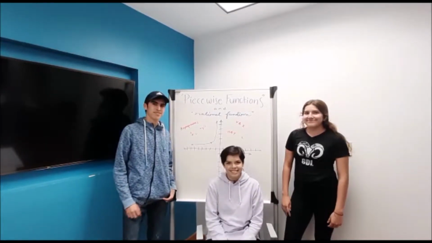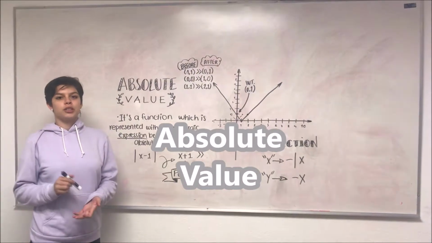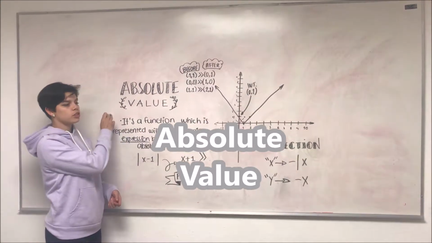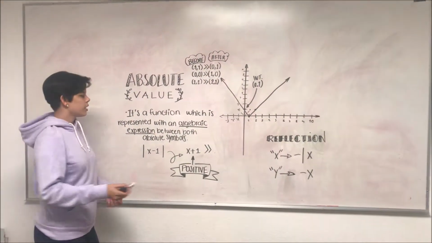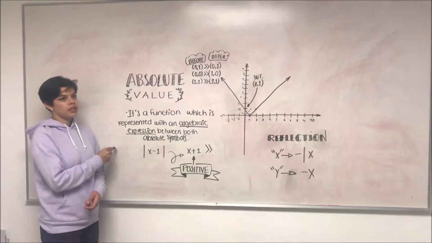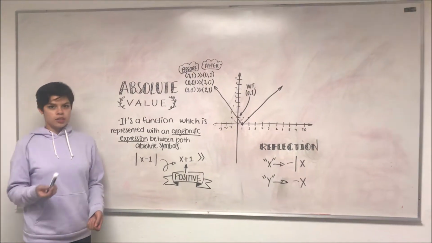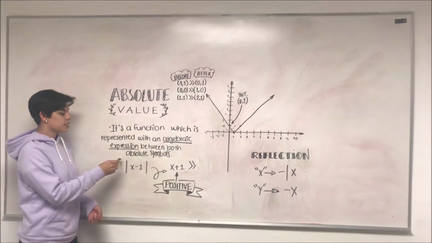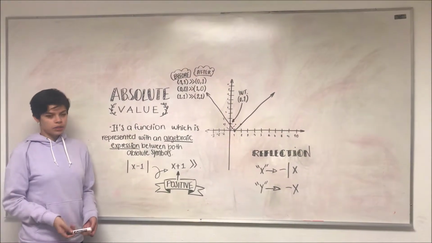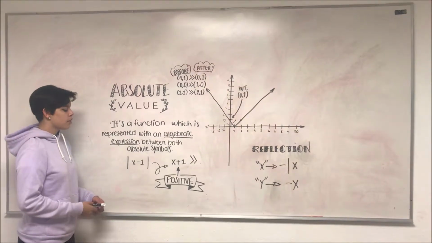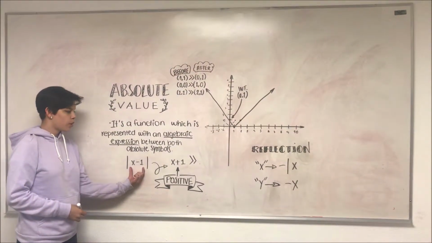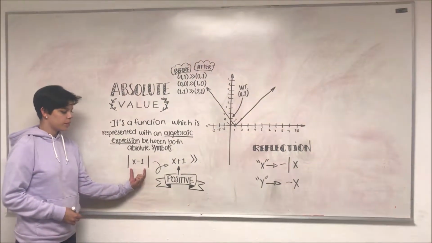Thank you. Now I'm going to explain to you the absolute value function. What is the absolute value function, or what is an absolute value? It is a function represented in an algebraic expression between two absolute value symbols, which are two straight lines with the algebraic expression in the middle.